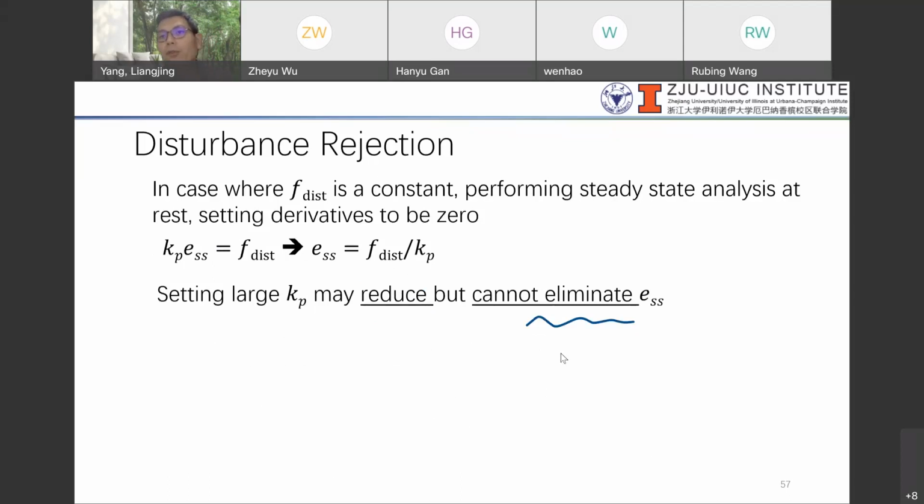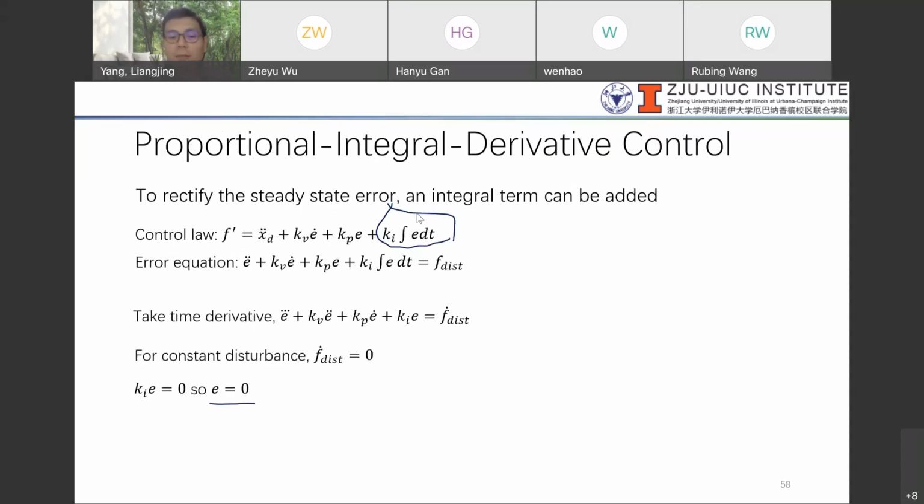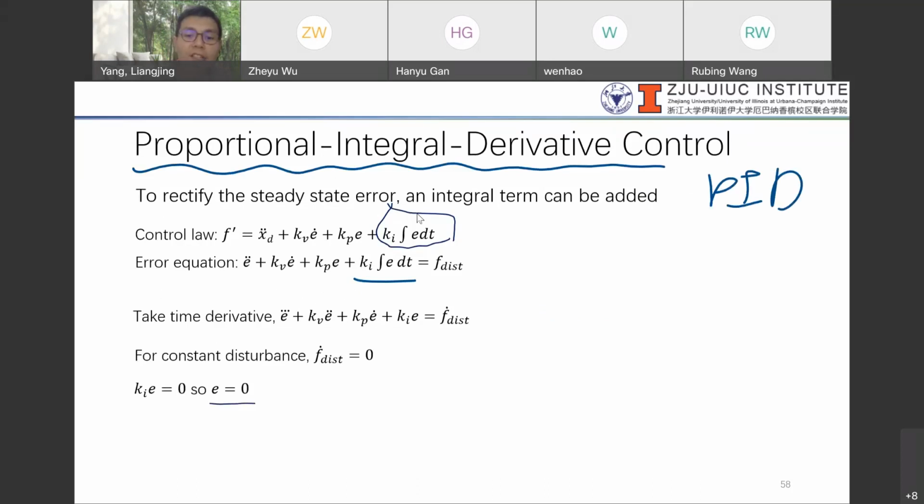So one way of doing this, of course, is to introduce another term where you integrate the error into your controller. You now have this Ki term. This is your proportional integral derivative control, where we have PID. So we know that we actually need one integral term as well.